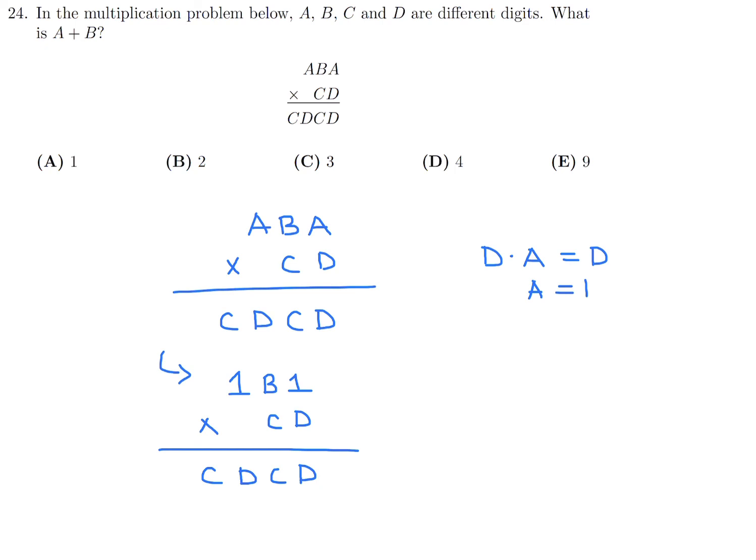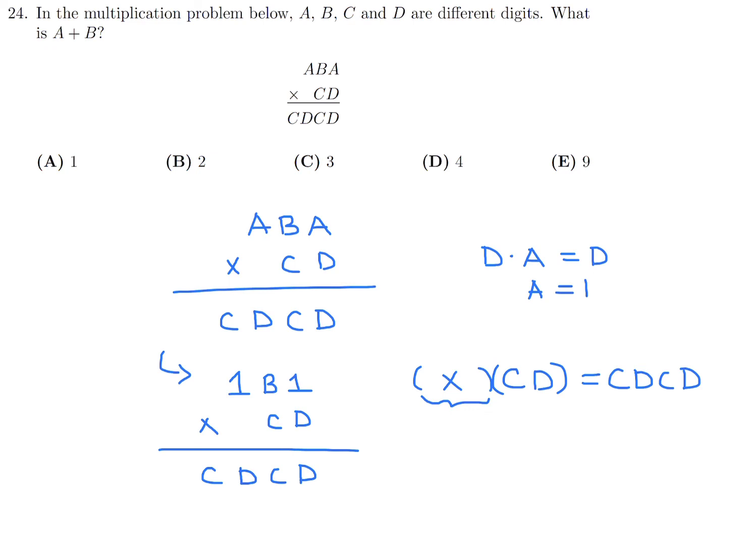So something times CD equals CDCD. Something, we don't know what, so I would just put it in brackets and call it X. Something times CD is equal to CDCD. Okay, that's kind of interesting. I just used inspection or substitution. Let's just put in a couple numbers here.